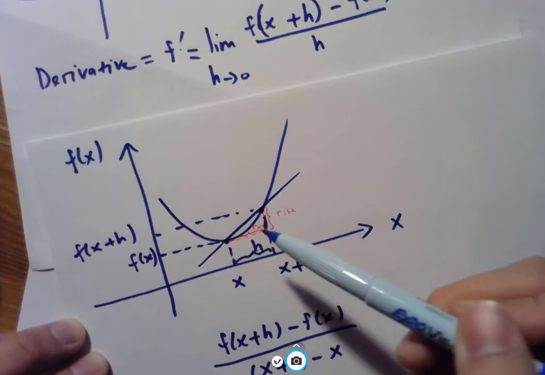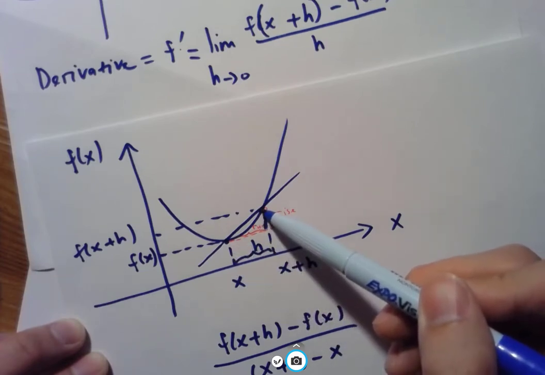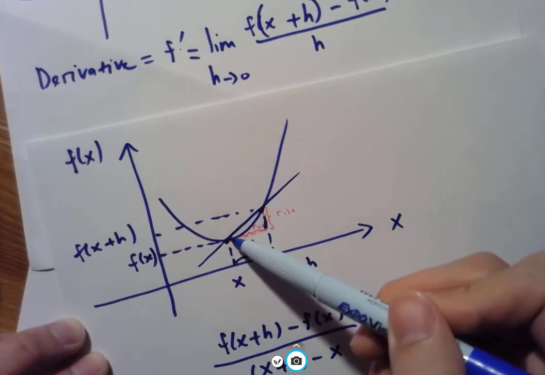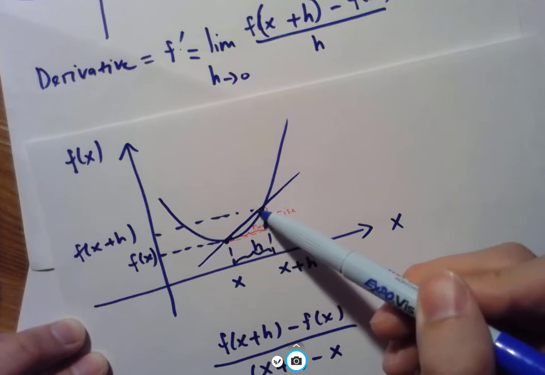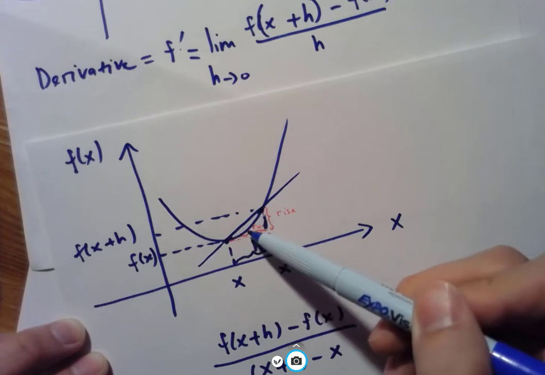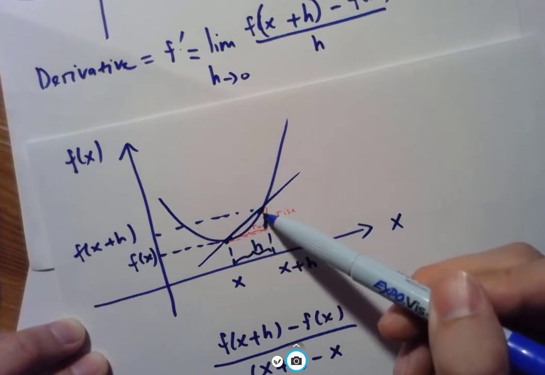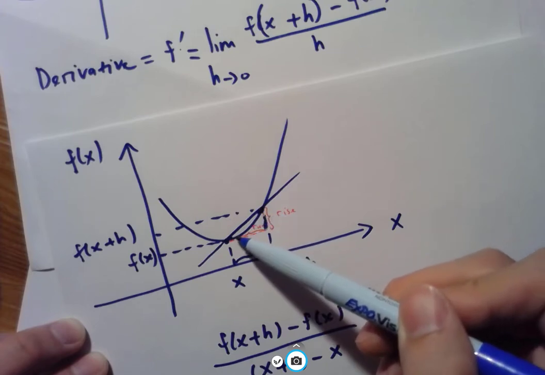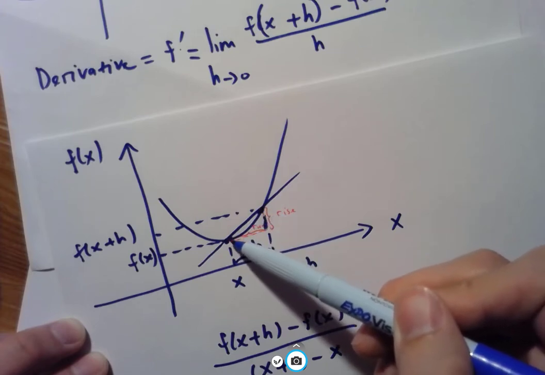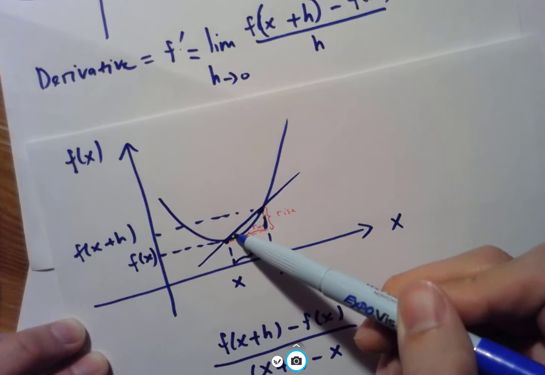But the thing is, I pick the other point very close to that point. I just pick a larger distance so you can see it easily on the picture, but eventually you want to pick the second point very close to the point that you are solving for f prime.